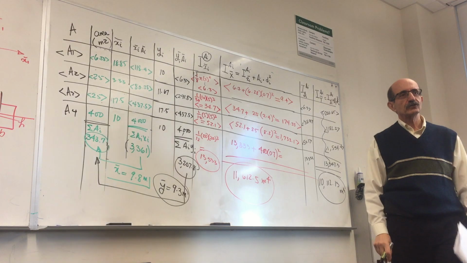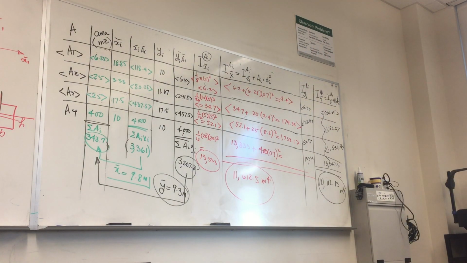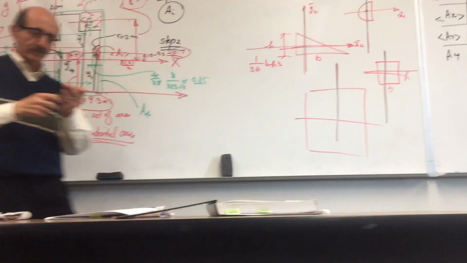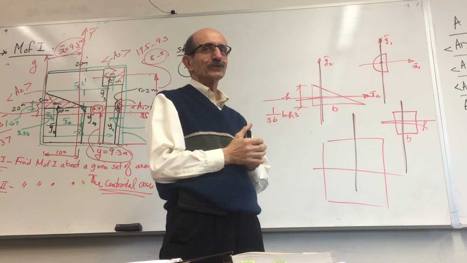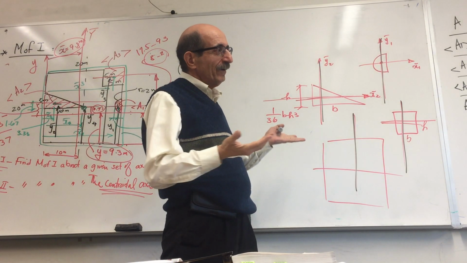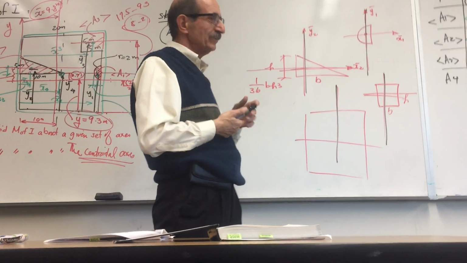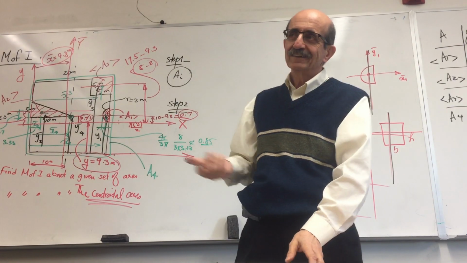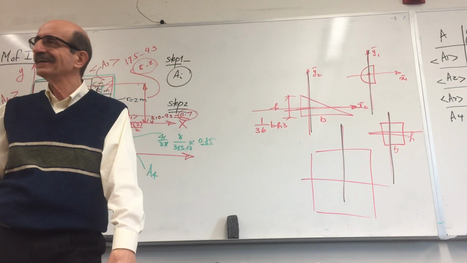That's the moment of inertia of that shape about the y centroidal axis, right? So you need to hire an accountant to take care of all these for you. Of course, I would be lying to you if I told you you get something like this in the exam, because it's going to take an hour to finish a problem just like that, right?